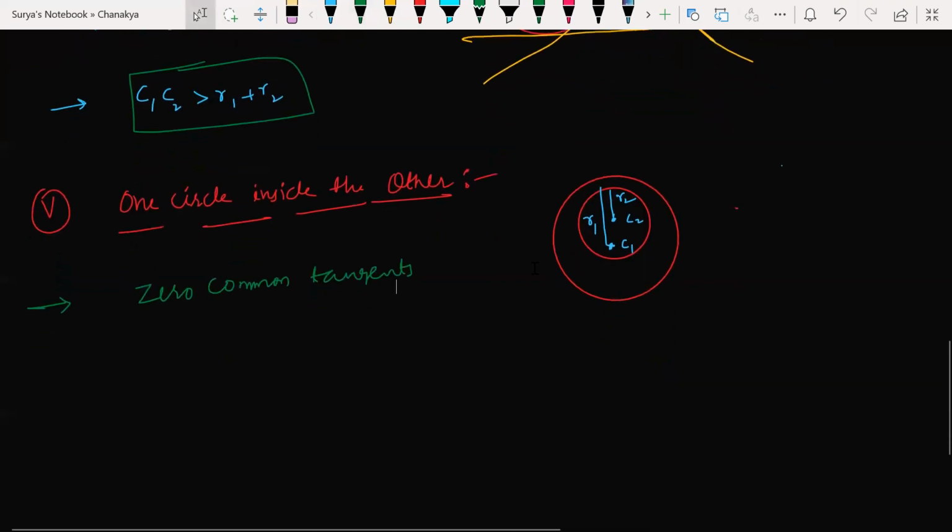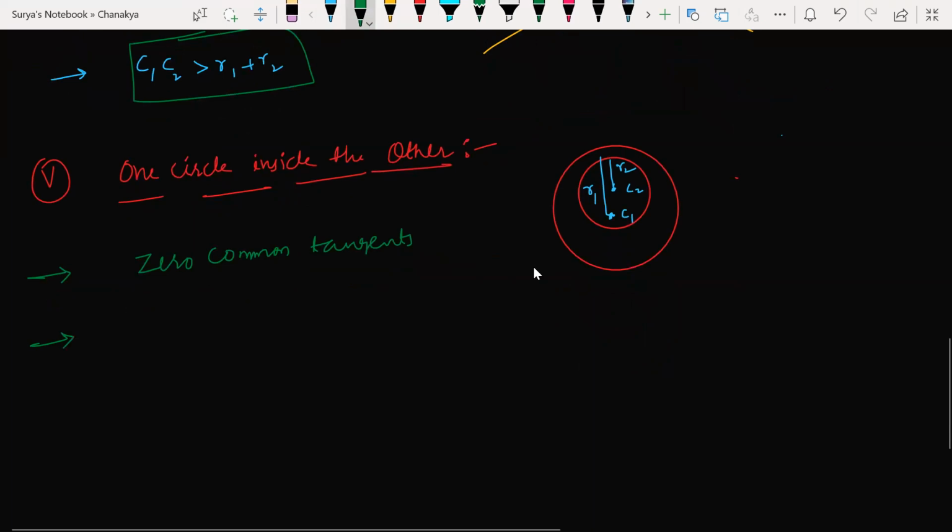Right? So what could be the condition here now? Look, the distance between C1C2 is what? Is it lesser than R1 minus R2? Am I correct? I do not know which radius is greater and which is smaller, so let me take the modulus. Okay? C1C2 is lesser than |R1 minus R2|.